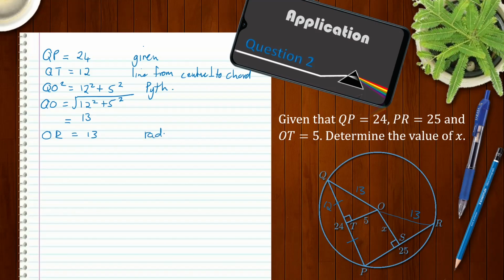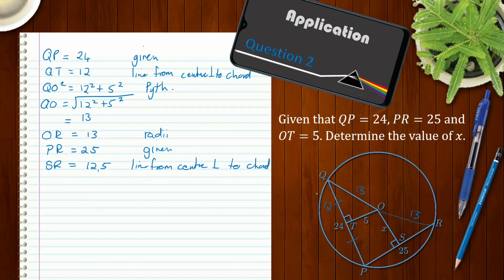And reason is radii. Okay, and now we can see that PR is 25. So PR is 25. That's given. Okay, and then SR is half of that, which is 12,5. And our reason again, line from center is perpendicular to chord.